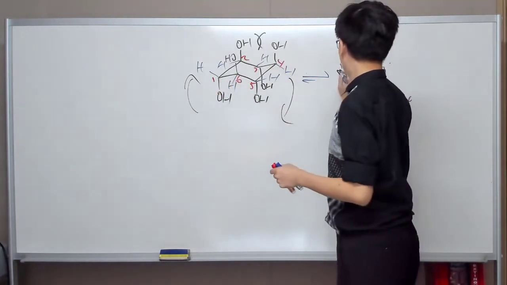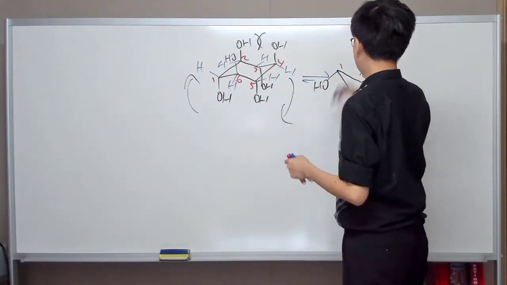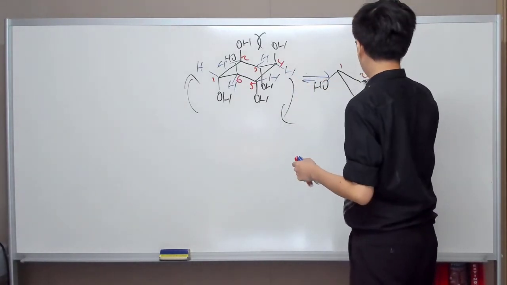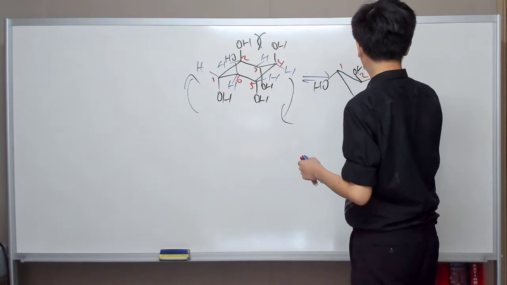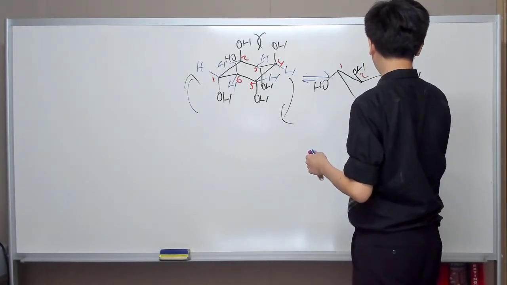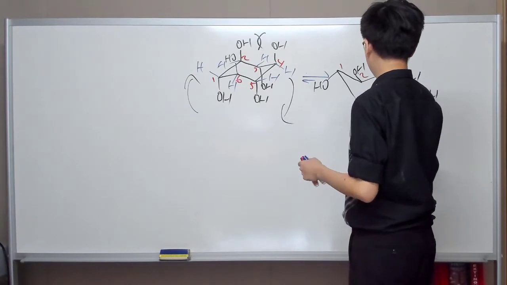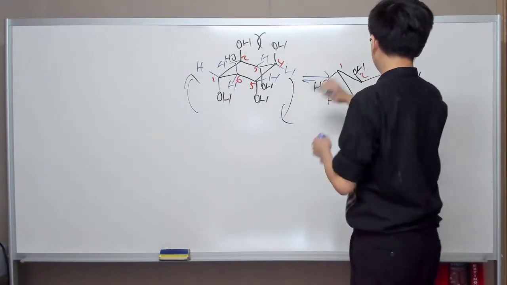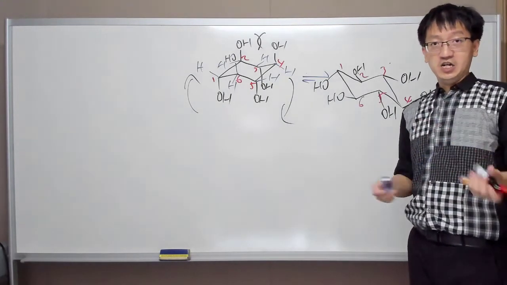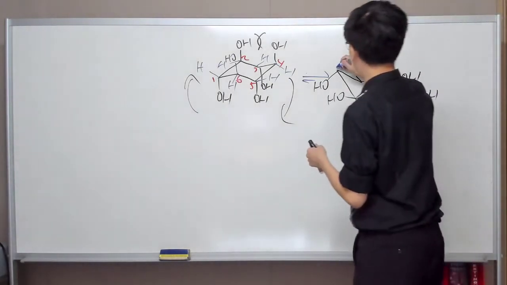So you point downwards, and then we do the same: down, up, down, up, down, and then up again. You notice that all the OHs are in the equatorial position, and now all the H are in the axial position.